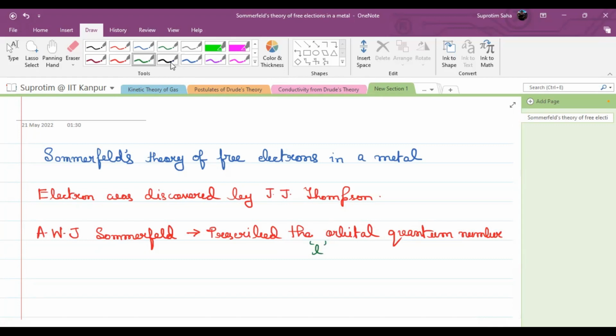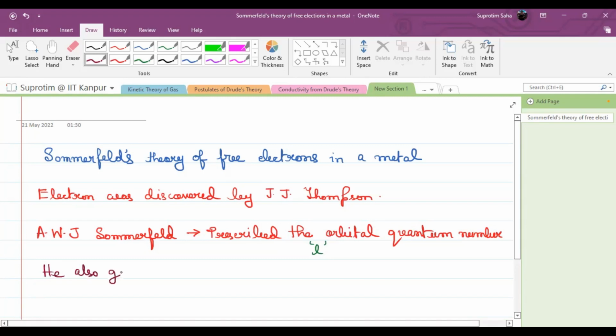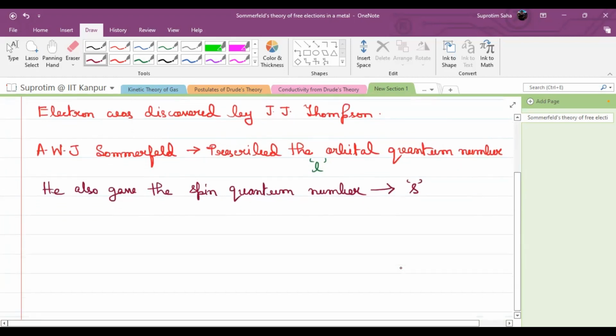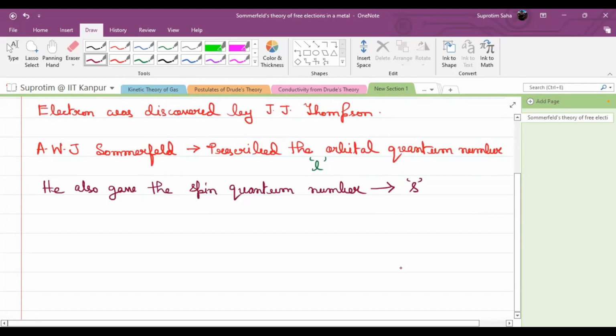He also gave the spin quantum number, which is S. He also prescribed how you should treat the behavior of electrons in a solid, how they behave quantum mechanically, and he modeled the quantum picture of how electrons behave in a solid.